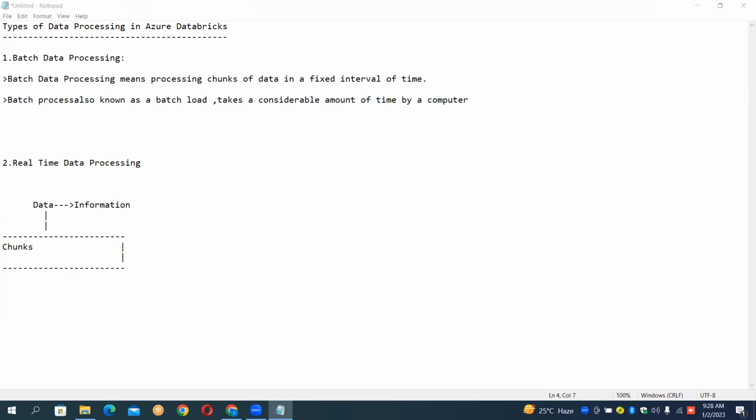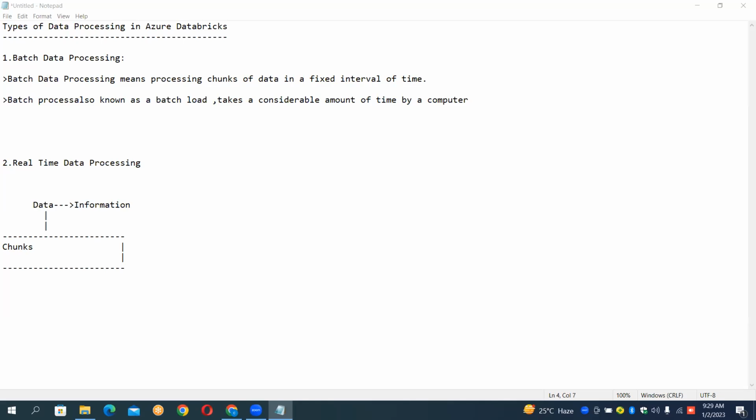Yeah, but my understanding is a little different, sir. We have some data that is already available in the system to be processed. That is basically processing batch data, while real-time processing is the data that is coming in continuously.